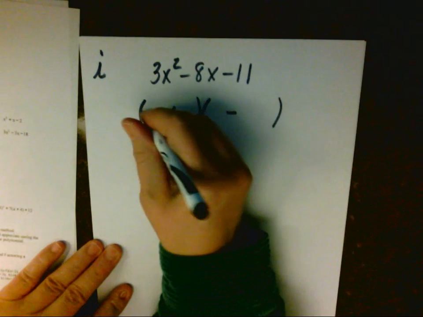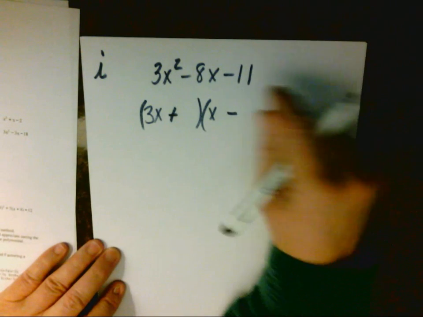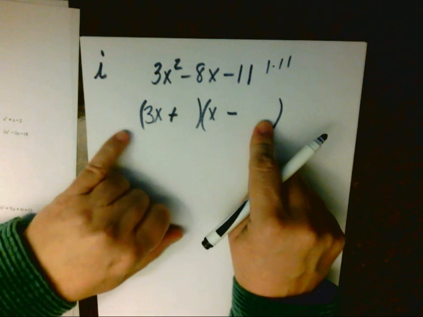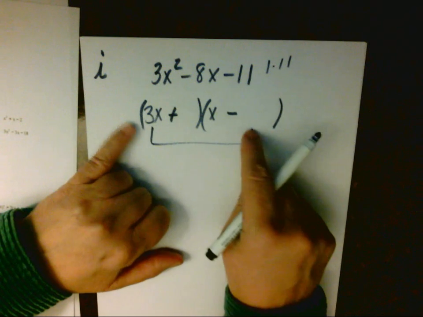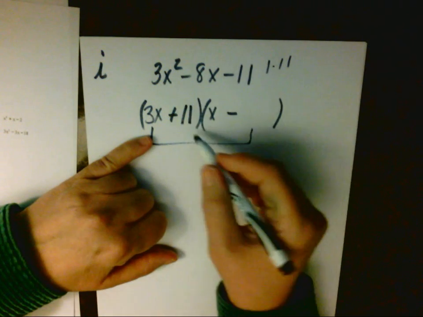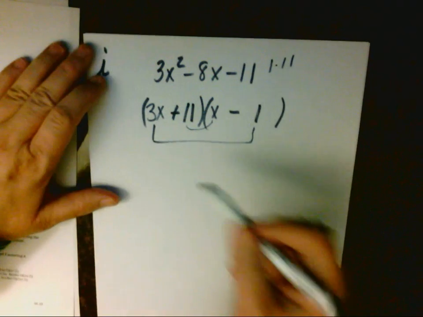And to get the 3x squared, I'm going to need a 3x and an x, 1 times 3 is 3. Now to get 11, I need a 1 times an 11. If I place the 11 here, when I do the FOIL, it's going to multiply by the 3, and that's going to make it too big. So I'm going to place my 11 here, so it gets multiplied just by the 1x, and I'll put the 1 over here.